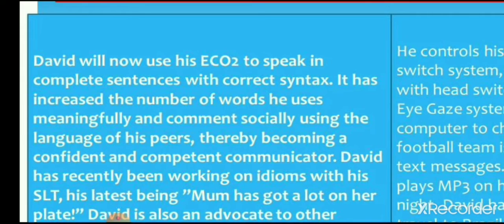Then also he studies for his GCSE. David has 144 icons, as I told you. So he uses Echo Point eye gaze in order to access those icons. He loved it.